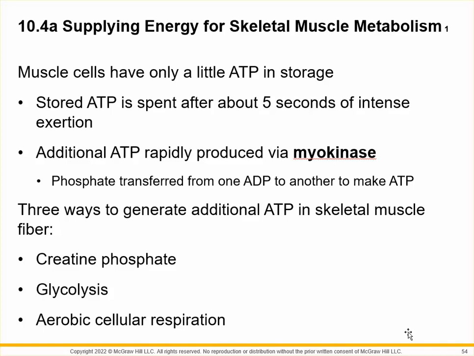Okay, so we've been talking about ATP. ATP having a number of jobs to do. One of the jobs it has to do is run the sodium-potassium pump to reset the resting membrane potential at the sarcolemma, to put sodium back on the outside and reset the trap, reset the trigger.